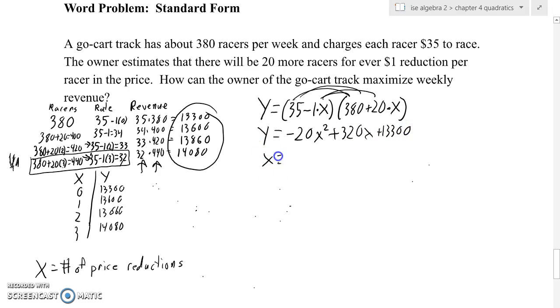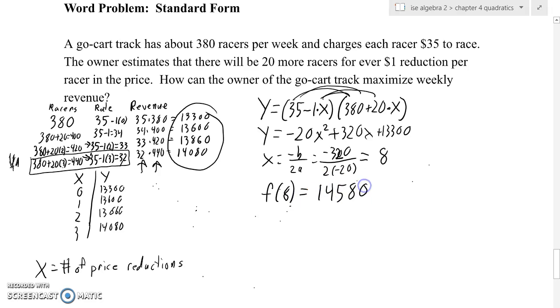So that we can say our x is negative b over 2a, and so our x is 8. We substitute that back in, f of 8. We're going to plug that into our calculator, and it's going to tell us our maximum revenue is 14,580.